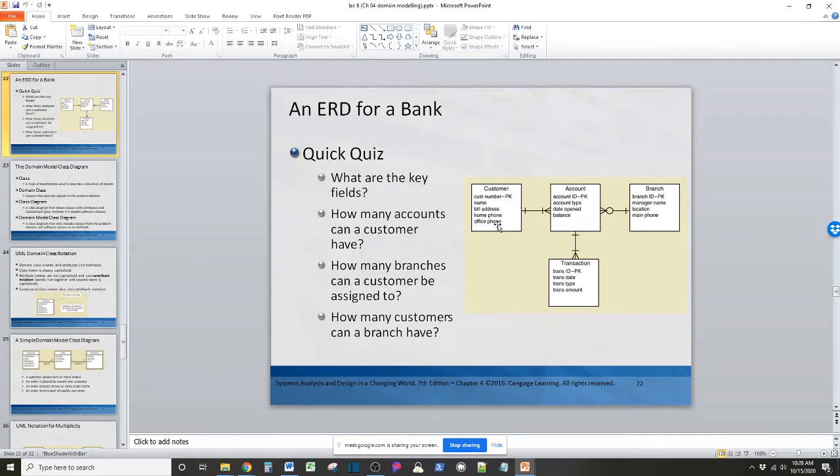So if a customer can have many accounts, theoretically, they could be a part of many branches, because you might have accounts that are assigned to different branches. Interesting setup. How many customers can a... Seems like the same question. How many branches can a customer be assigned to? How many customers can a branch have?